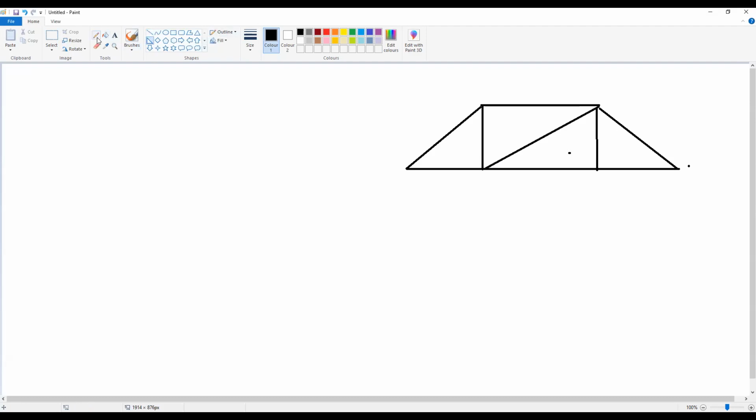We have here supports. The reactions here are 30 kilonewton, 5 kilonewton, and 5 kilonewton. We have hinge or bends here. We have 5 kilonewton downward, 5 kilonewton downward, and 30 kilonewton in this direction.